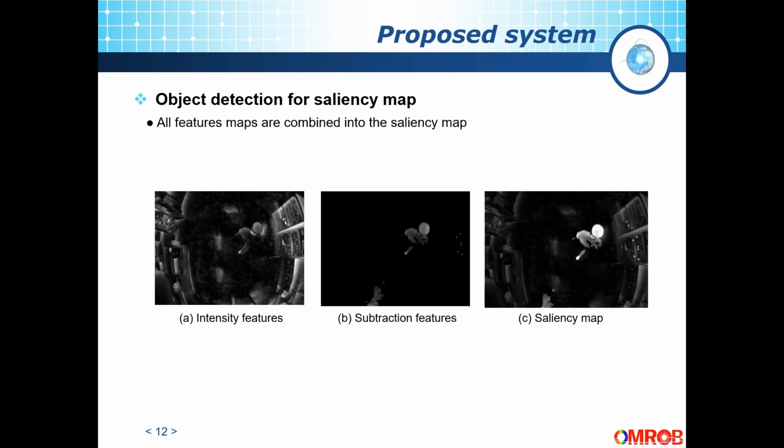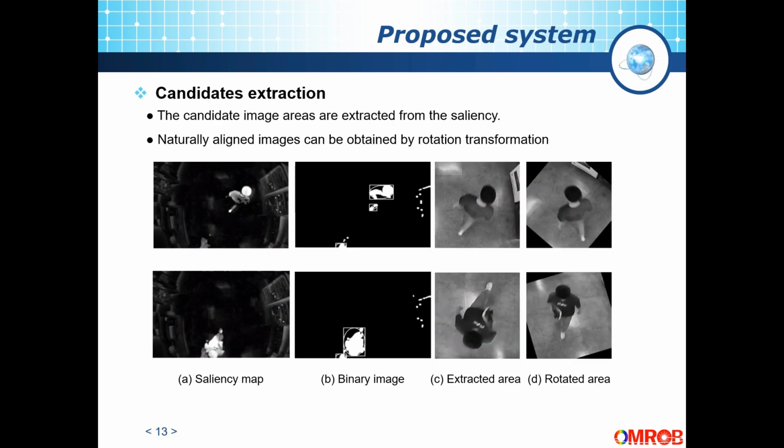Candidate regions must be extracted from the many strong intensity responses. The candidate image areas are extracted from the saliency map. The top view image appears symmetrical.